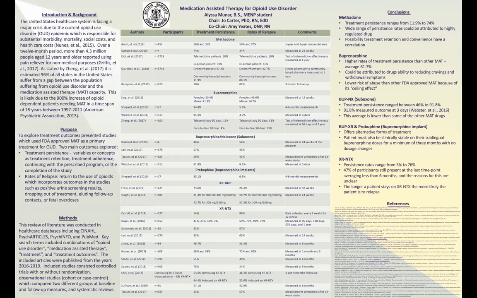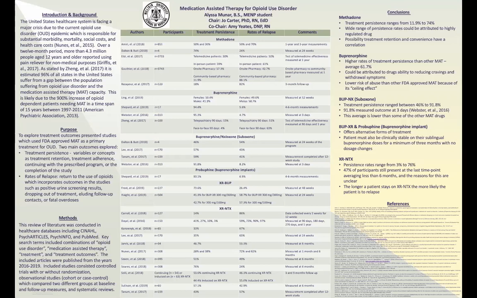The purpose of this review was to explore the literature which presented treatment outcomes in studies which used these 3 FDA-approved MATs as their primary treatment. The 2 main variables that were explored were synthesized for the purpose of this research.